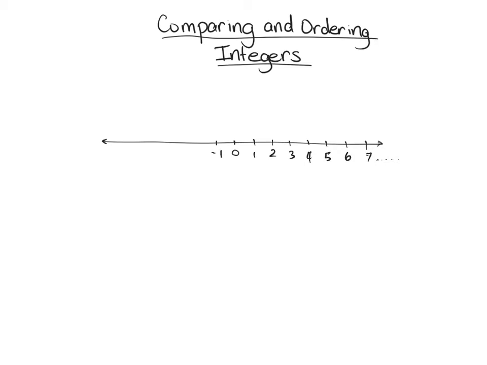After 0, we have -1, which is smaller than 0, and -2, which is smaller than -1, and so on. I can keep going with this infinitely as well, but for the purposes of this video, I'll have to stop at -7. But just know that the numbers go infinitely to the left as well.